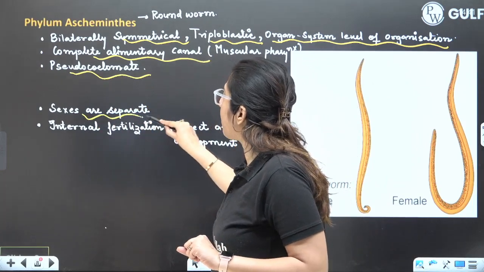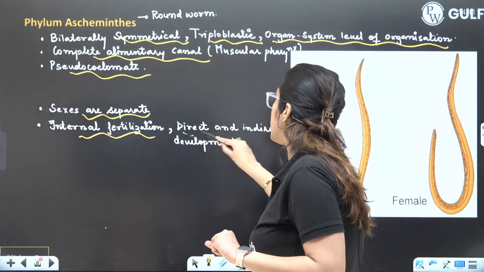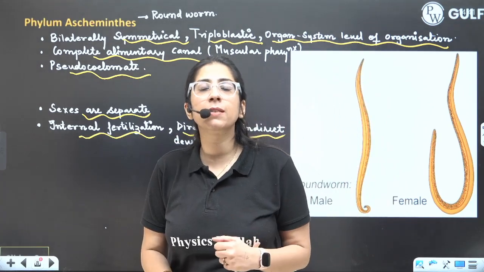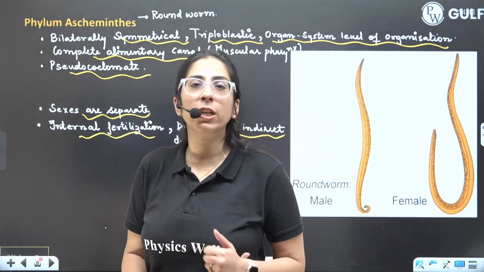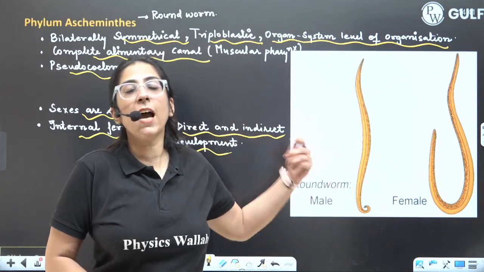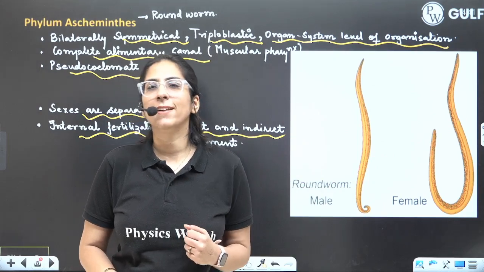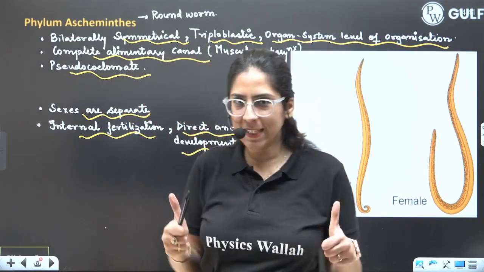Sexes are separate, internal fertilization, direct and indirect development. Examples: we have filarial worm, Wuchereria bancrofti, we have Ascaris lumbricoides. So many examples are there. Clear? Yes.